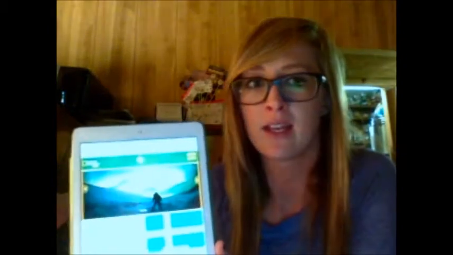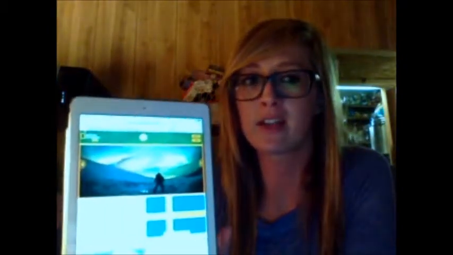For the explain and elaborate stage, I'd have all the students come back as a whole class, and one country by one country we would discuss the things that we observed and noticed about the country. After the students had an opportunity to share what they had found through the pictures and the boxes, I would go to the National Geographic site for kids, and on here there's each country.